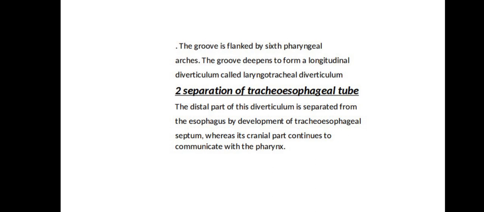At the cranial part, the respiratory primordium maintains its communication with the pharynx through the laryngeal orifice, thus forming what we call the laryngeal inlet. Let me show you the slide pertaining to that.